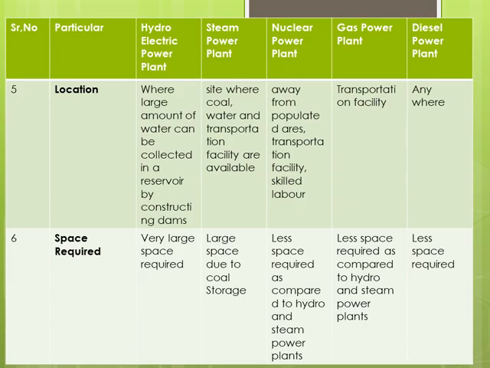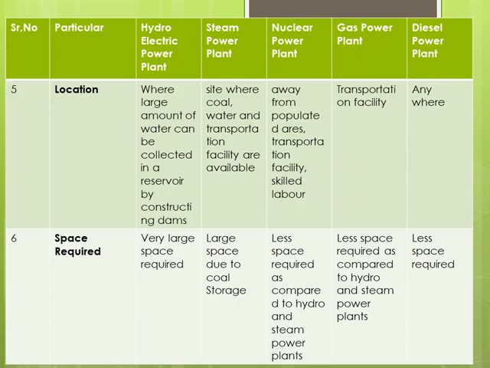Nuclear power plants are located away from the populated areas due to radioactive waste. Transportation facility should be available and skilled labor is also required for such plants. For gas power plants, transportation facility should be there. Diesel power plants can be constructed anywhere because they are used as standby plants only.